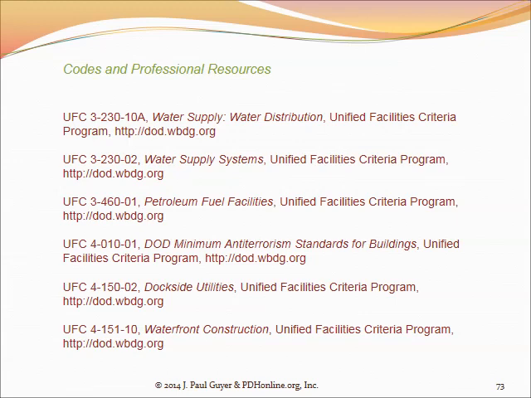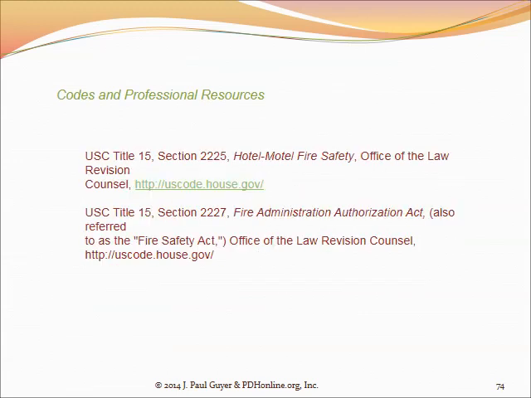The International Code Council is the other major entity in the fire codes business. In some cases, fire protection requirements have been mandated by law, federal laws as an example. And of course, there are all sorts of rules and regulations that have been established by local and state authorities in this area.